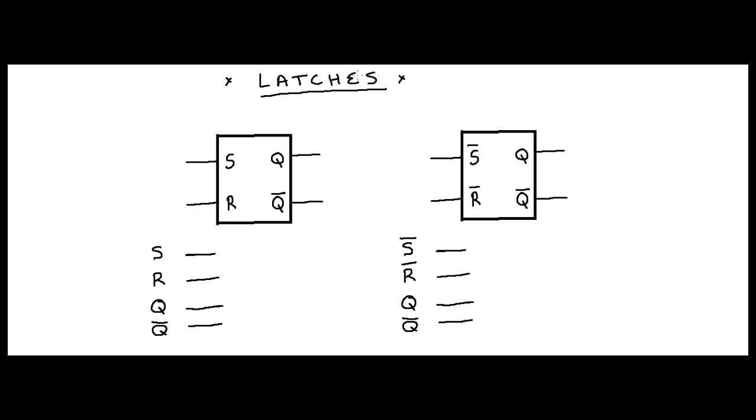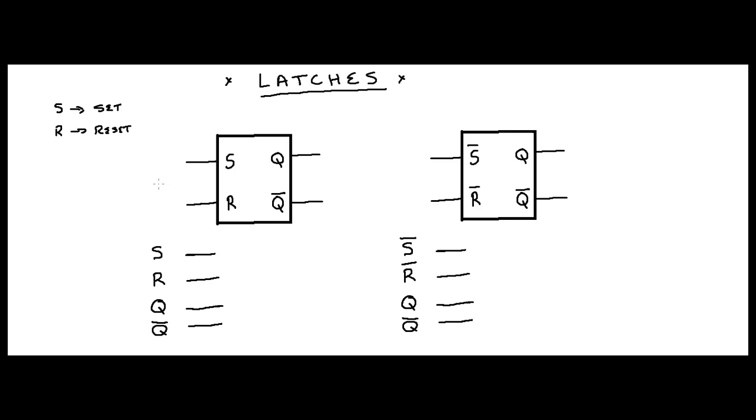Alright, so let's talk about the latch. Okay, the latch has two inputs. Okay, the S, that stands for set. Alright, R, that stands for reset. Okay, it's an SR latch, set, reset.